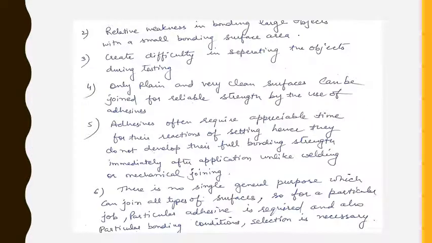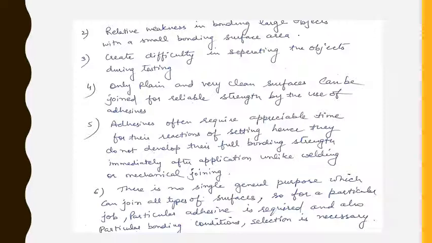The next disadvantage is its relative weakness in the bonding of large objects with a small bonding surface area. If we have large, big-size objects, it does not have that much bonding capability. Bonding can be achieved, but it is very weak in that case.